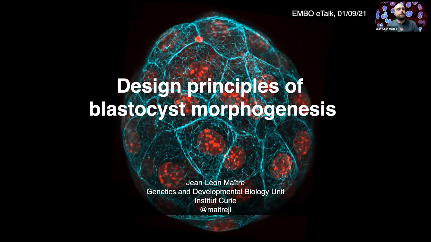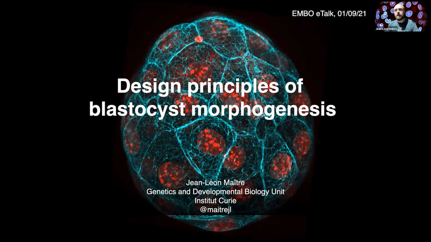So as Edouard was mentioning, we are starting to discover the strategies that cells and tissues can adopt to shape themselves, and this is very much what we try to do in the lab. We try to uncover what are the strategies that cells have adopted to shape the early mammalian embryo.